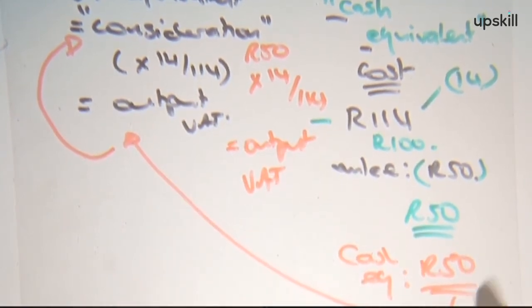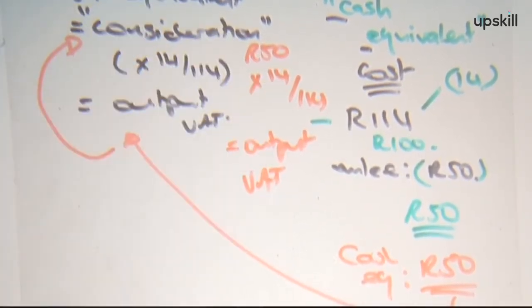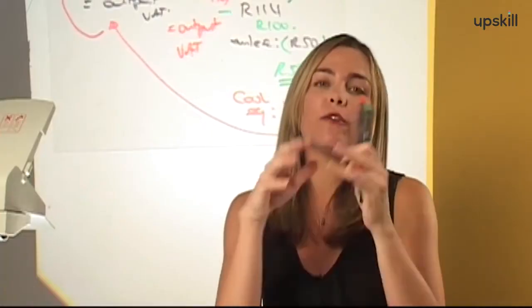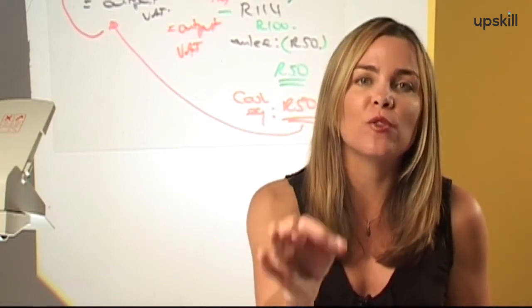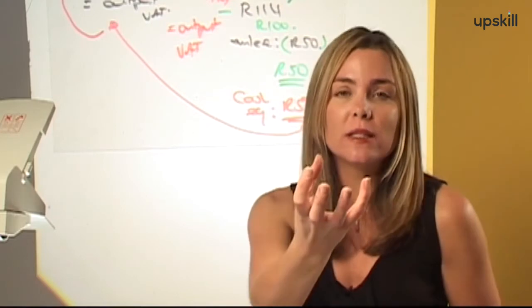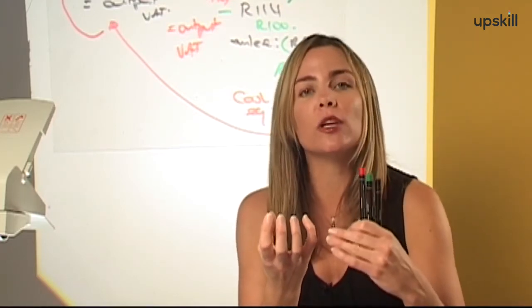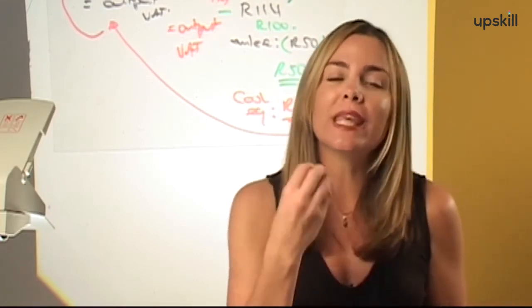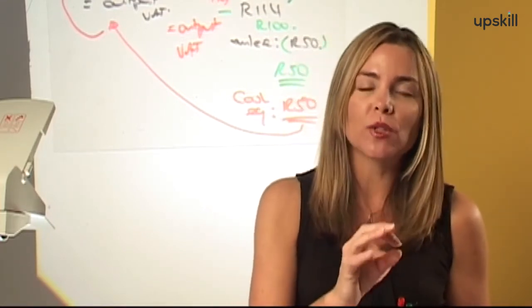So the remaining 50 is the cash equivalent. Now we bring that into VAT language. That 50, the cash equivalent, is the consideration for the supply, and consideration includes VAT. As such, we take the consideration, multiply by the VAT fraction, and that will be the output VAT that the employer pays over to SARS.